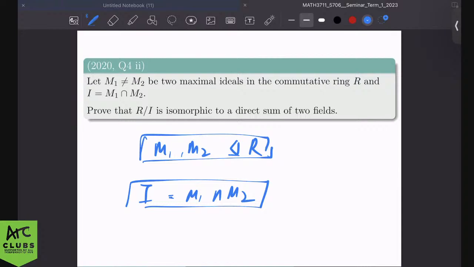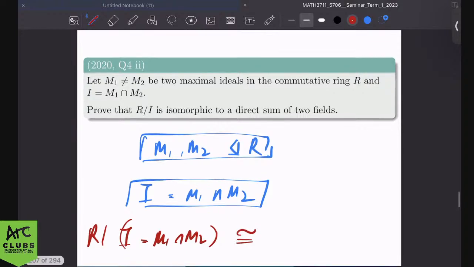We want to show that R, the quotient ring of R over I, the intersection of these two, is isomorphic to a direct sum of two fields. Thinking about this requires us to use the Chinese remainder theorem, because we've got R quotiented over an intersection, and then, provided that we satisfy the requirements of the Chinese remainder theorem, it's going to be isomorphic to R divided by M1 plus R divided by M2.